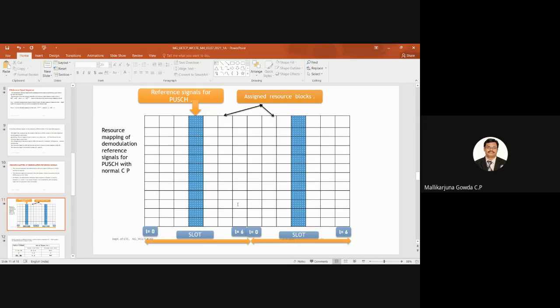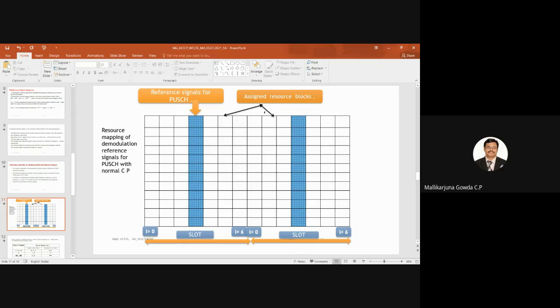Similarly, that repeats. This is one resource block, slot 1, and the next slot also: 0, 1, 2, 3. So this fourth OFDM symbol is used for assigning the reference signals for the PUSCH. This is one resource block from l equal to 0 to 6 and another resource block.